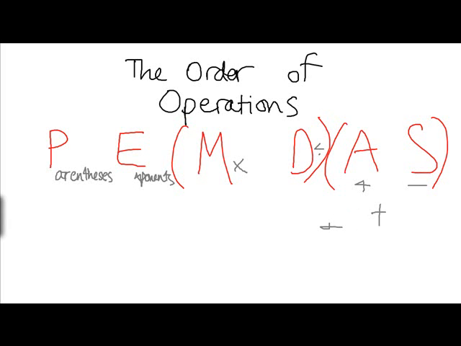So, you may be asking, what does this mean? Is there something I need to know? Is there something I'm not in on? Well, yes, there is something you're not in on, and I'll tell you what it is. If you don't know anything about this, you at least know what parentheses, exponents, multiplication, division, addition, and subtraction are.